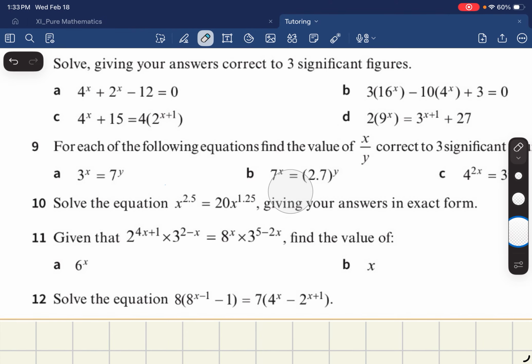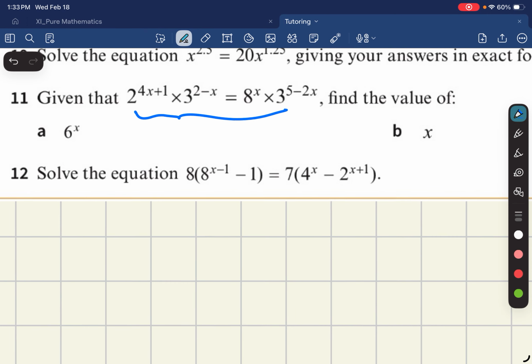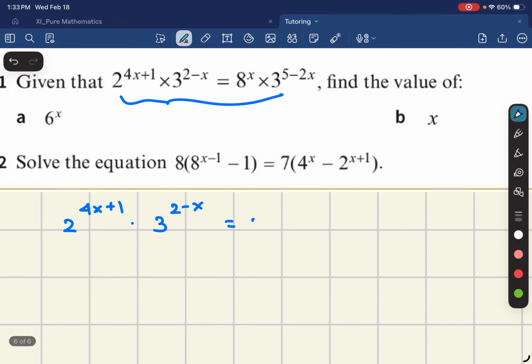So given this equation, we want to find the value of 6 to the power x, and x. These are using the same ideas that we've been talking over and over again. So I can write 2 to the power 4x plus 1 times 3 to the power 2 minus x, and I can write this thing as, well, 8 is just 2 cubed, right?